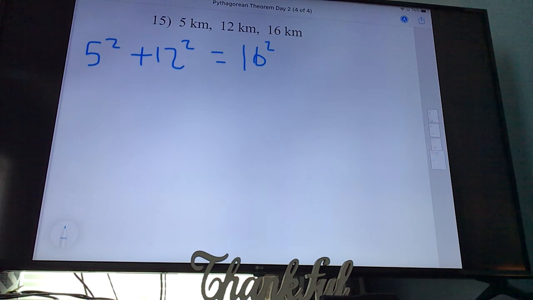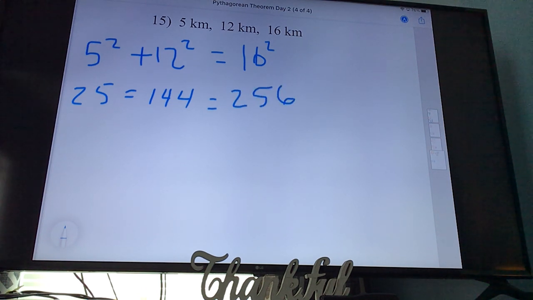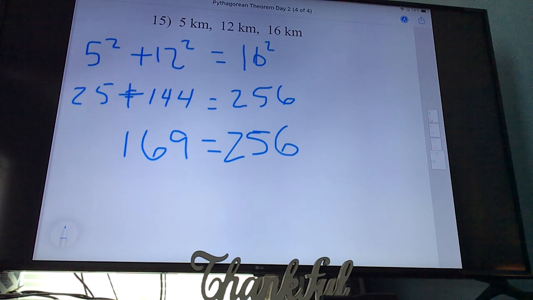Well, 5 squared is 25. 12 squared is 144. 16 squared is 256. And so we have to ask ourselves, well, what is 25 plus 144? That is 169. Does 169 equal 256? No, so this is not a right triangle.